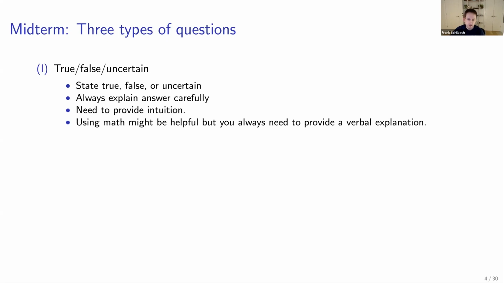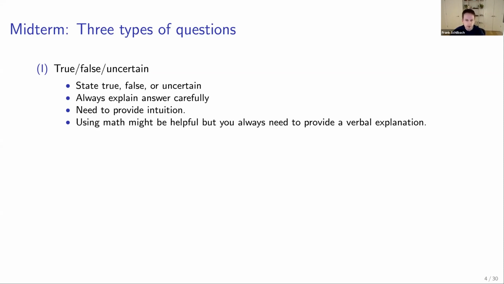In any of what you do, please always explain your answers carefully. Just writing true, false, or uncertain will surely not give you full credit. You have to explain your answers. It doesn't actually matter that much whether the statement is true or false or uncertain, as long as your answer is reasonable and shows some understanding of the material.